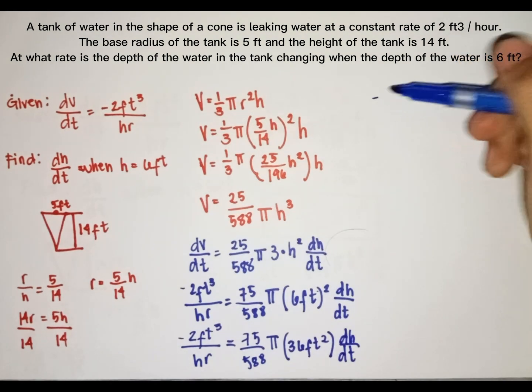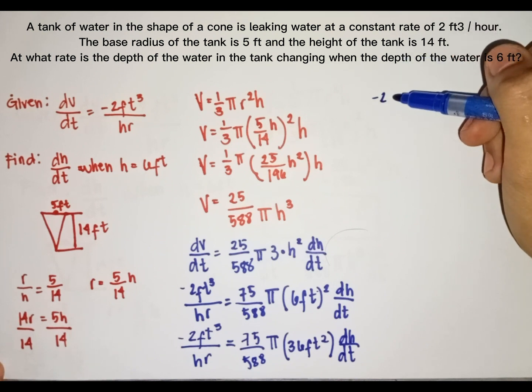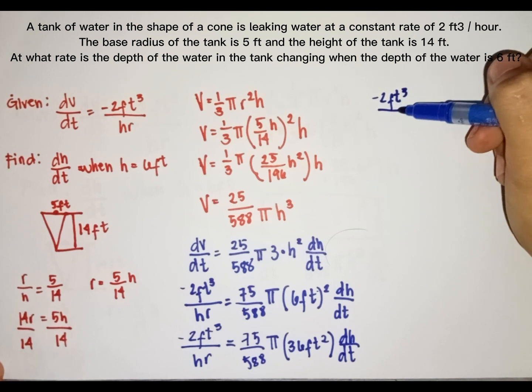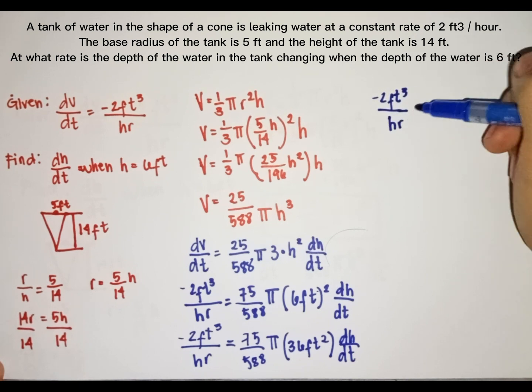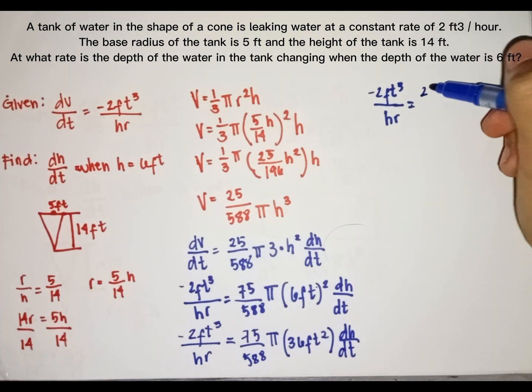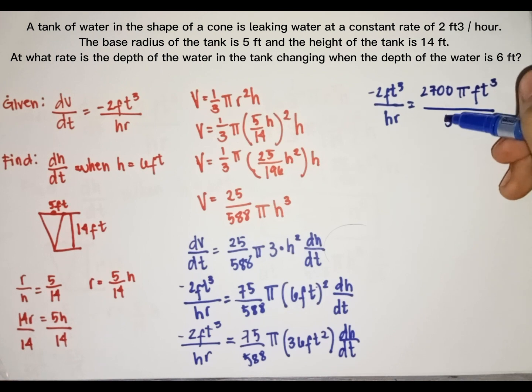So next, negative 2 cubic feet per hour is equal to, we're going to multiply 75 over 588 by 36. So 75 times 36 is equal to 2,700 pi cubic feet over 588 times dh over dt.